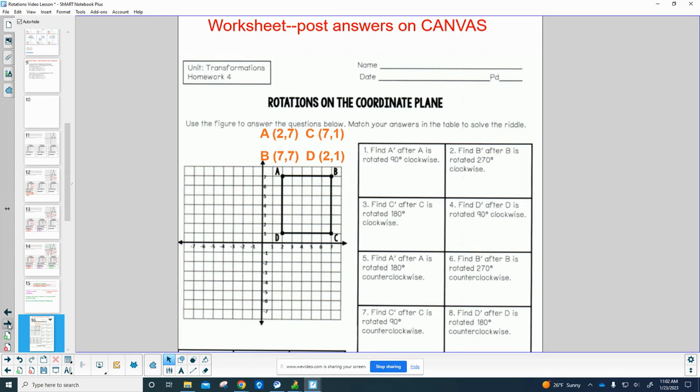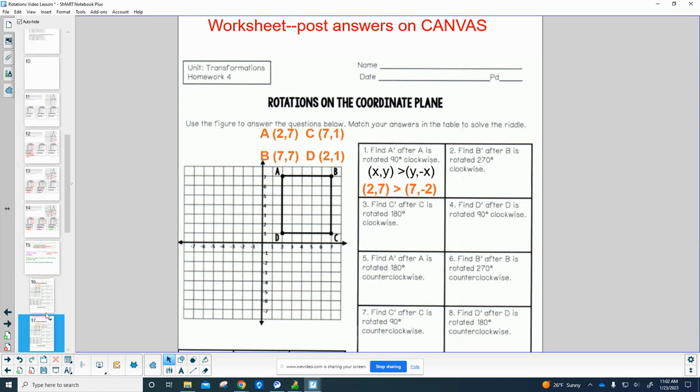So if we do that, let's just show you what that looks like. We know that in a 90 degree clockwise rotation, the original (x, y) becomes (y, -x). And so you could take any one of those coordinates, and that was A. So A prime is now (7, -2).